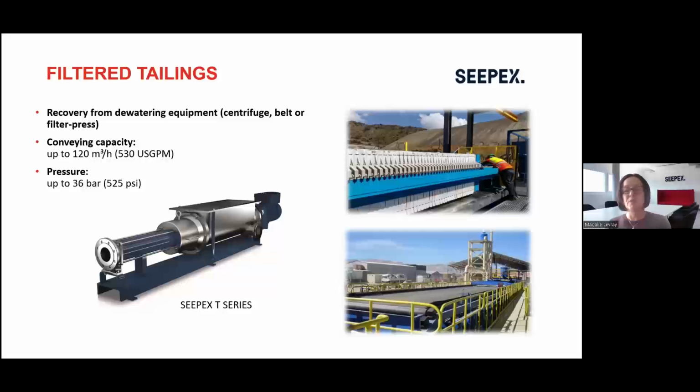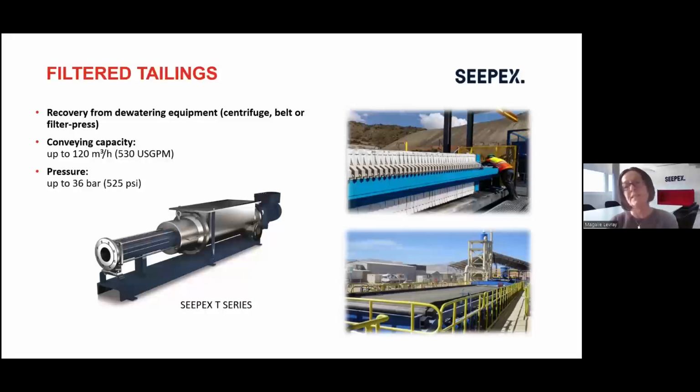But as we look at filtered tailings and paste tailings, there is at the moment an increasing trend of dewatering tailings. We recover the tailings either from a centrifuge, belt press, or filter press, and instead of using conveyor belts, we are today offering progressive cavity pumps.